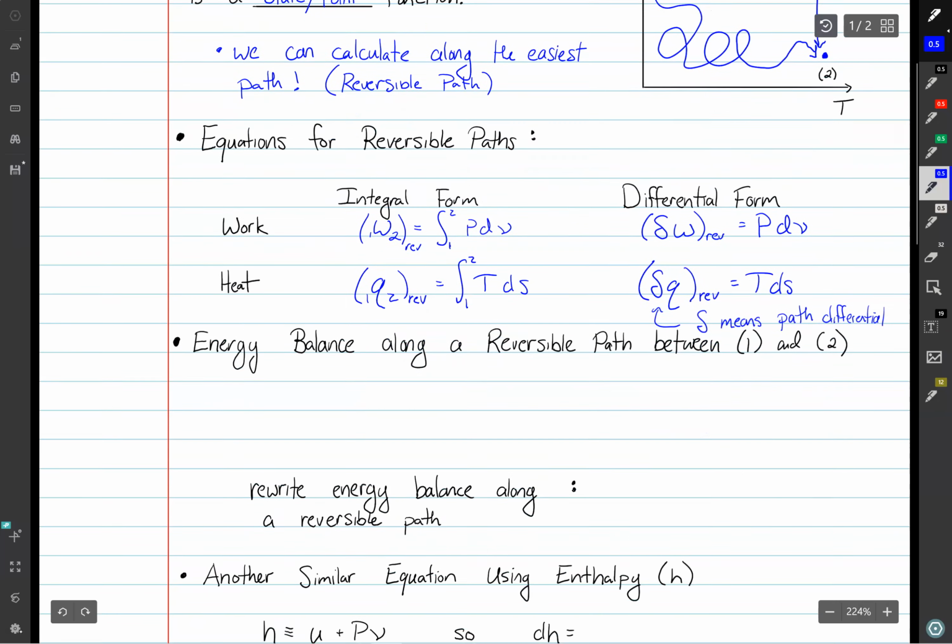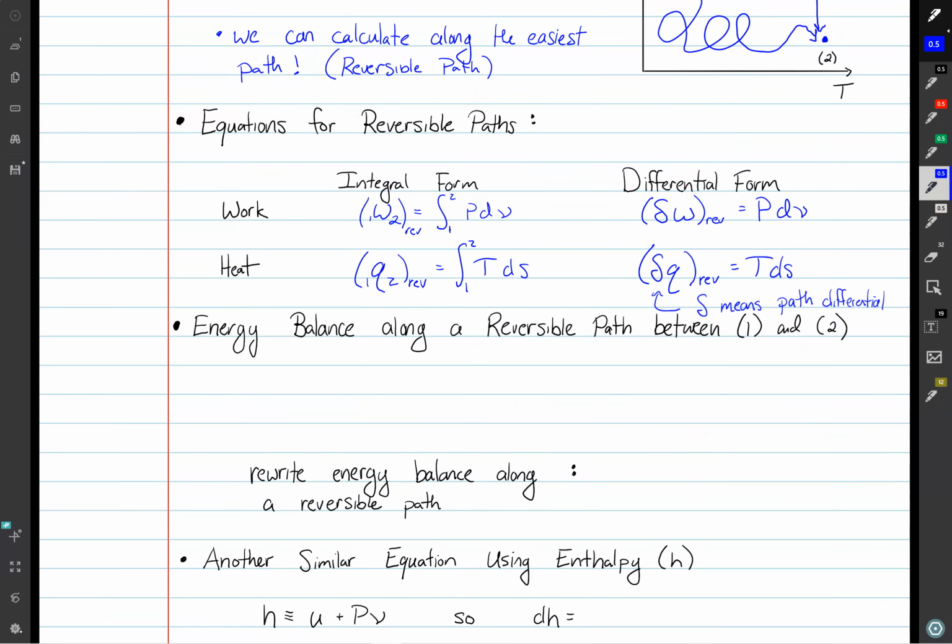We can do an energy balance. We do energy balances all the time, so let's just do one, an energy balance along a reversible path. So delta U equals Q between those 2 points minus W along our path.